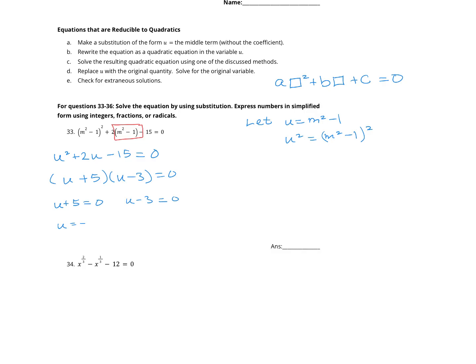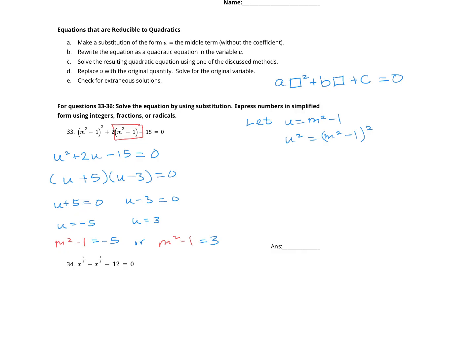So u is negative 5 or u is 3. Well, I hate to break it to us, but we didn't want u's. We wanted m's this whole time. So we now swap out the u with what it was, which was m squared minus 1. That's equal to negative 5. Or it's that same m squared minus 1 that equals 3.